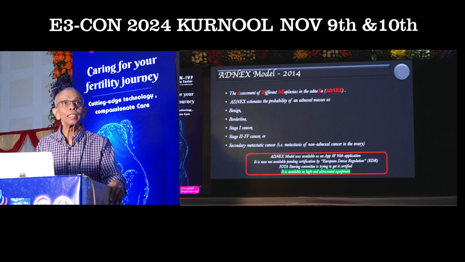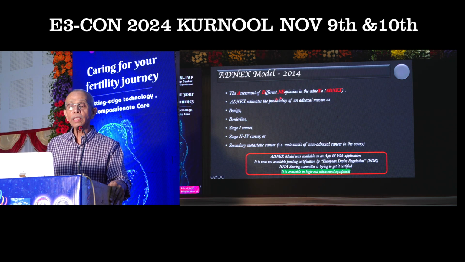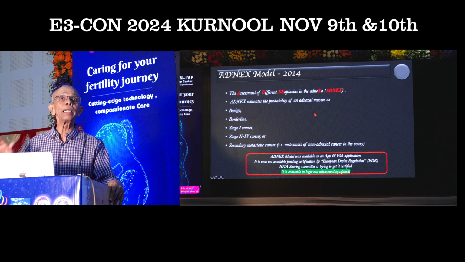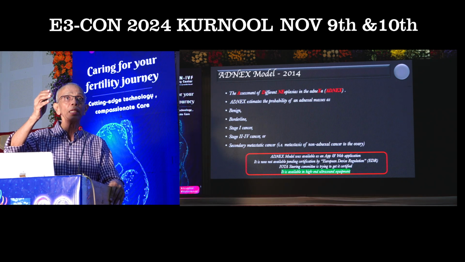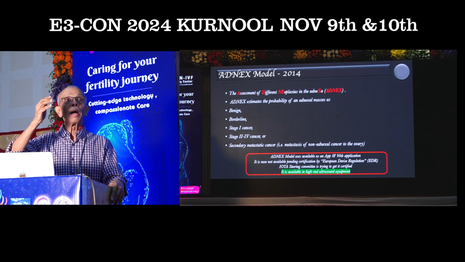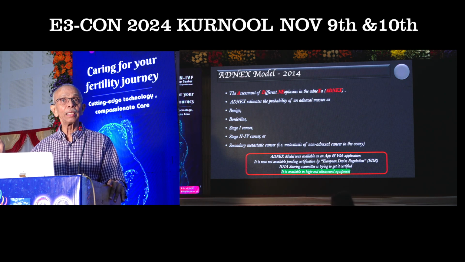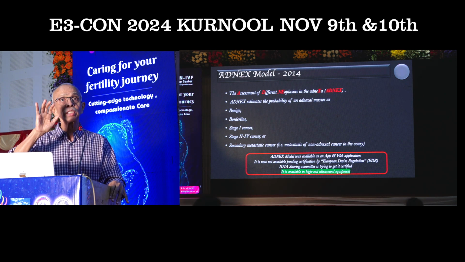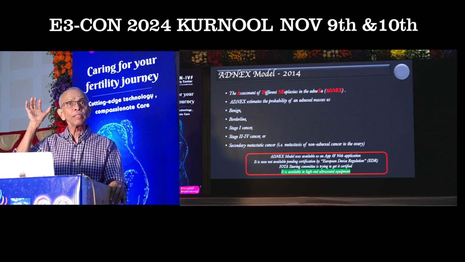This ADNEX model is nothing but assessment of different neoplasms in the adnexa. This is what is called the ADNEX model, which can help us in differentiating between a benign lesion, borderline lesion, stage 1 malignancy, stage 2 to stage 4 malignancy, or metastatic deposit. So this is how we can categorize each of these lesions.